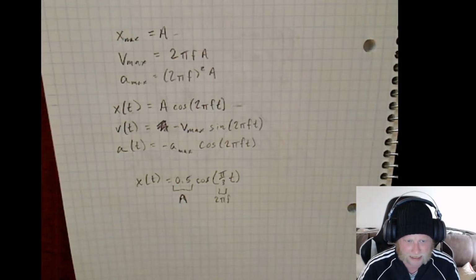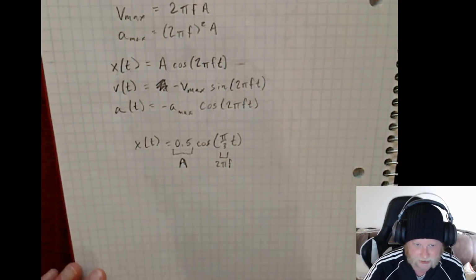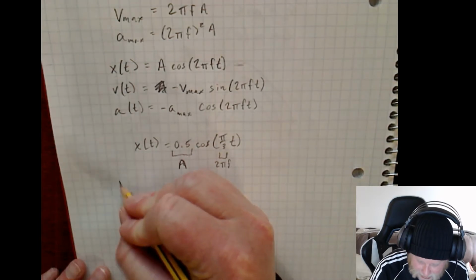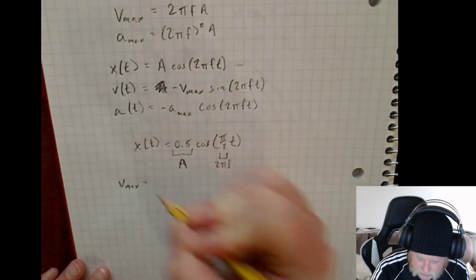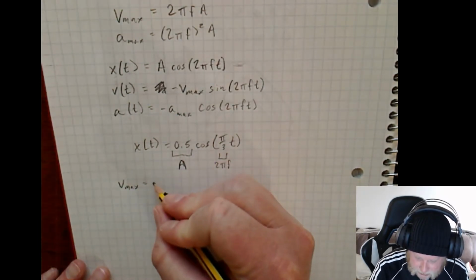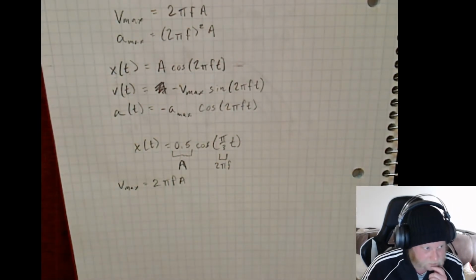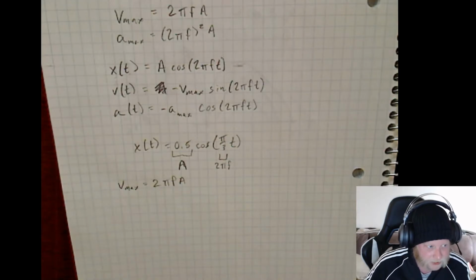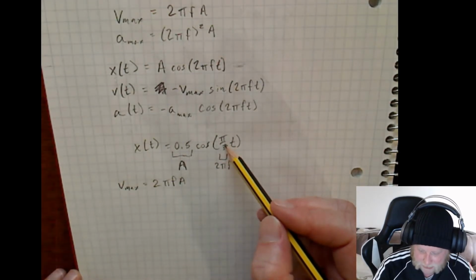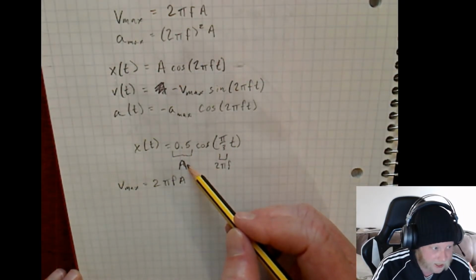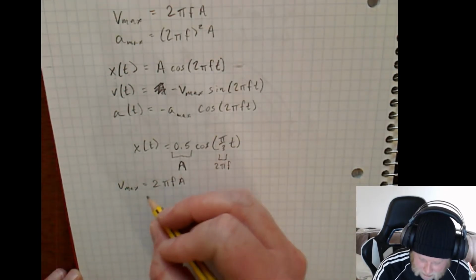So if we want to know maximum velocity of this oscillation, well, Vmax is equal to 2 pi f times A. Well, in this case, 2 pi f is pi over 3, and our amplitude is 0.5, right?